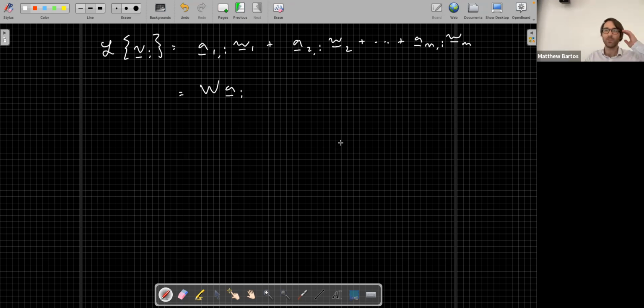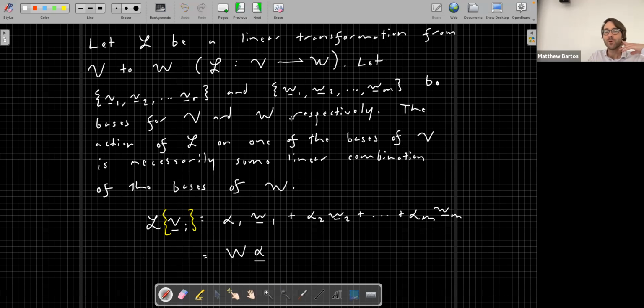Okay, so what happened here? What was the step? From before, we showed that the action of our linear operator on the basis Vi was given by this linear combination of the bases of our codomain, where we have some set of alphas.